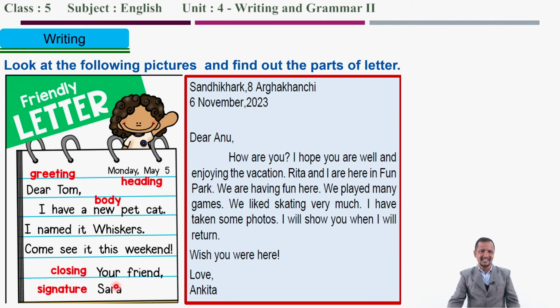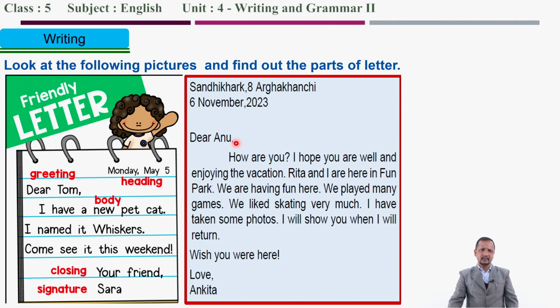And here, closing and signature are on the right side, but here, left side. Let's see. Sandikharko 8, Aryakhachi, that is heading. And 6 November 2023, that is timeline. And this is dear Anu. This is what? This is greeting or salutation.